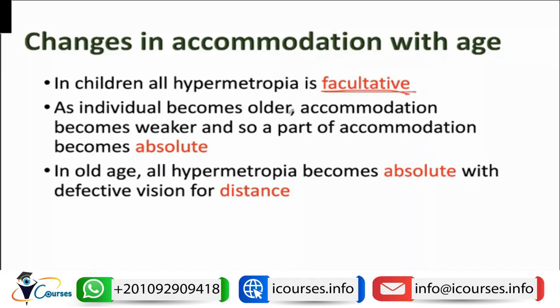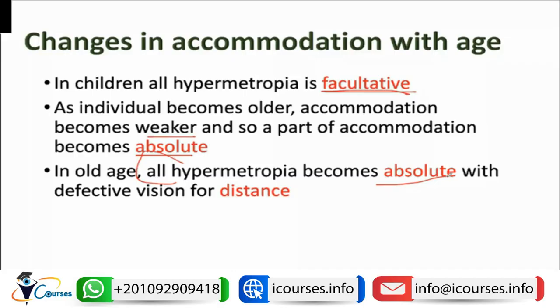As we get older, the accommodation becomes weak, so part of the hypermetropia becomes absolute, and here we start to complain. In older age, all hypermetropia becomes absolute. At the age of 40, the dioptric power of the lens will become only +4 diopters.